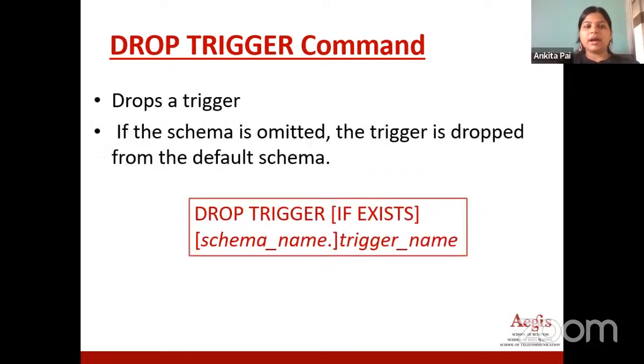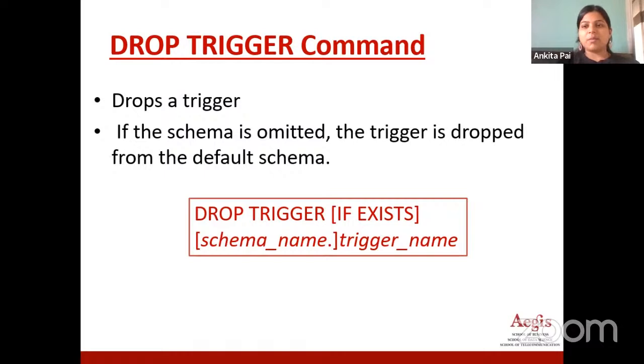The drop trigger command is going to drop your trigger. If the schema is omitted, then the trigger associated with it also gets dropped. Say you have created a table and created a trigger for that table. If the table itself is dropped, then the trigger will not exist, right? The trigger also gets dropped.